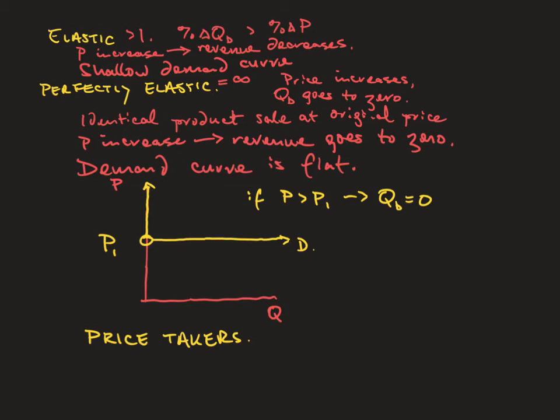If everyone is selling gas at $2.50 a gallon, and you decide your gas station is going to raise the price to $2.51 a gallon, your demand is just going to go to zero. You are effectively a price taker. You have to accept the same price that everyone else in the market is charging. So that's perfectly elastic demand.